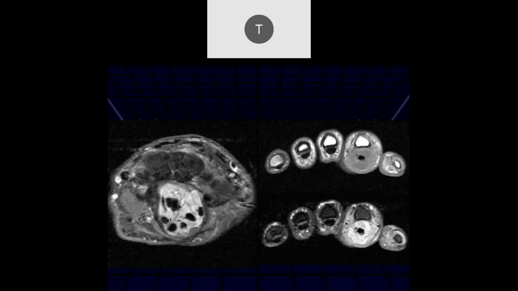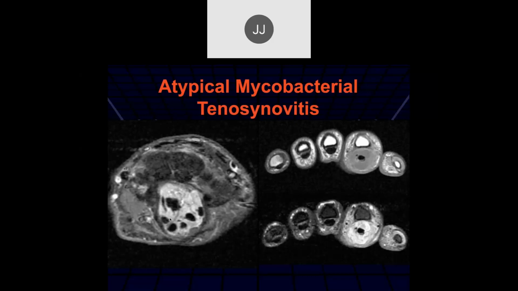Forget the PPD business, because that's not very helpful. With these kinds of things, always get a chest X-ray, especially in this day and age, because TB is on a big upswing right now, especially in California. So it's becoming very popular, and it's going to get much more so. So this was another atypical mycobacterial tenosynovitis.